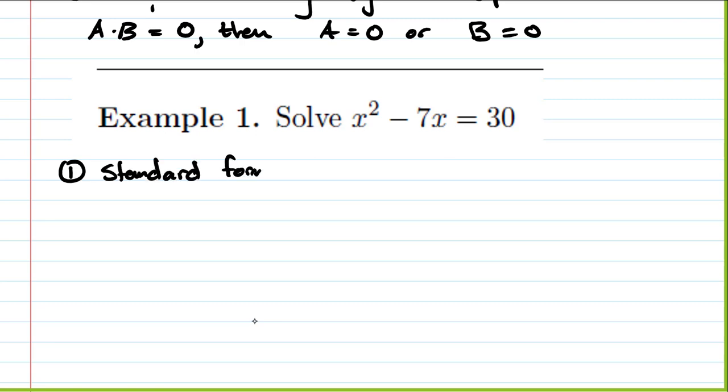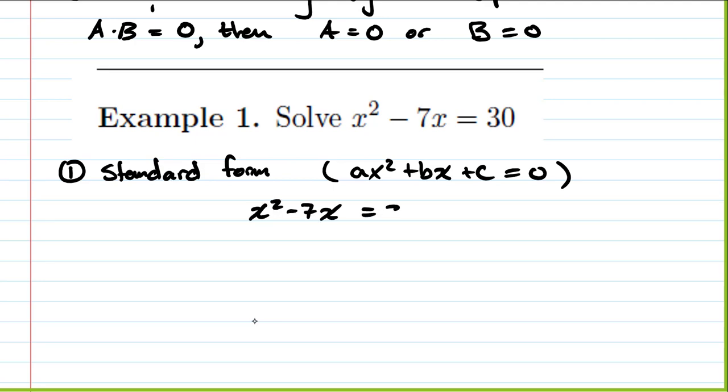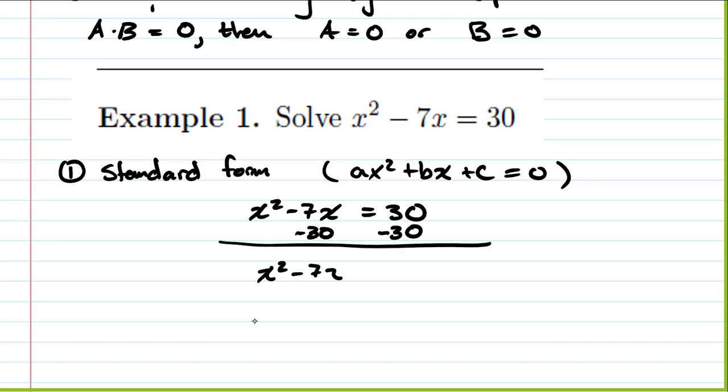And just to remind us, standard form is where we have one side equal to 0, something of the form ax squared plus bx plus c is equal to 0. In our example, our quadratic trinomial is not in standard form because we don't have 0 on one side. To convert this to standard form, we would subtract 30 from both sides of the equation, and that gives us x squared minus 7x minus 30 is equal to 0.